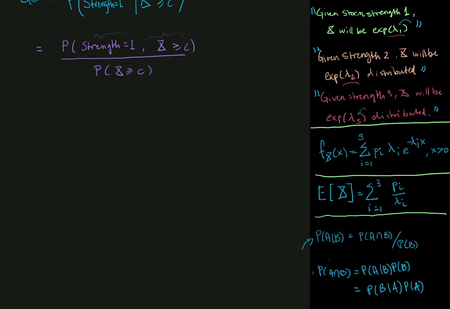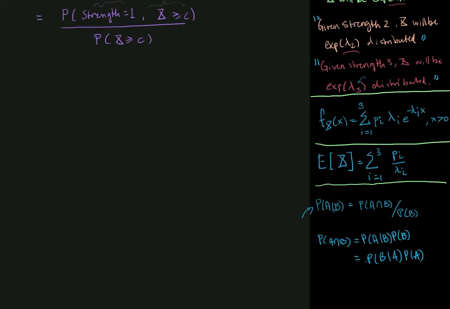Because if I had chosen to take a look at the probability of B given A, then that would be defined as the probability of their intersection divided by the probability of A.